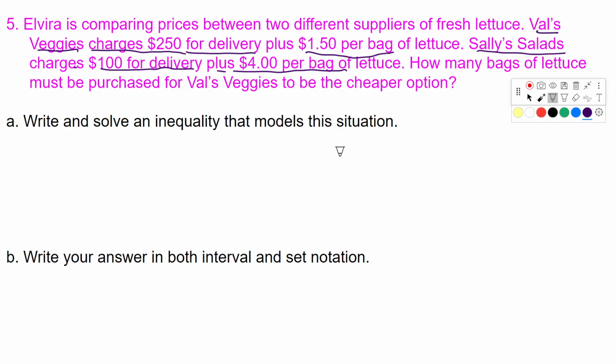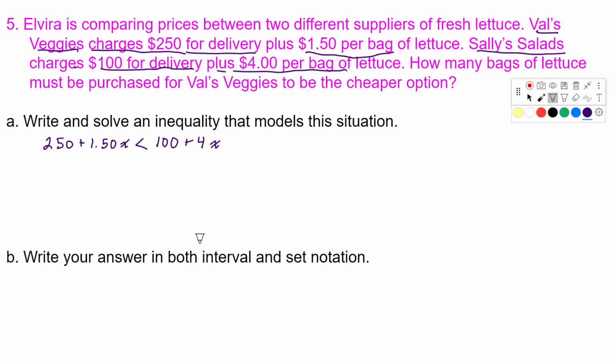How many bags of lettuce must be purchased for Val's Veggies to be the cheaper option? So Val's Veggies was $250 plus $1.50 for each bag. We want that to be cheaper, so we want it to be less than the $100 plus $4 per bag.